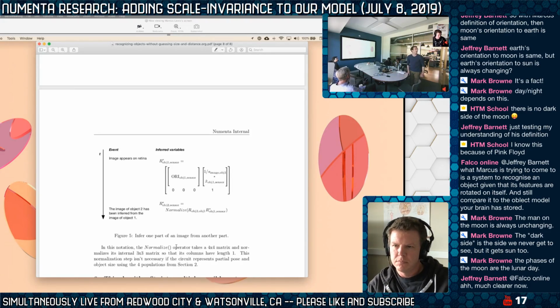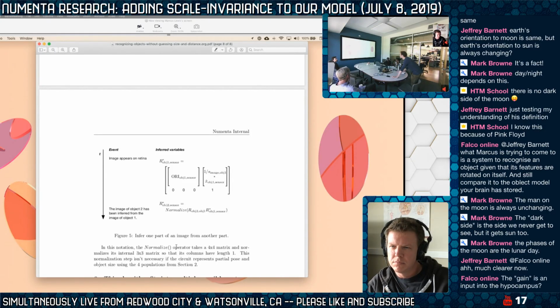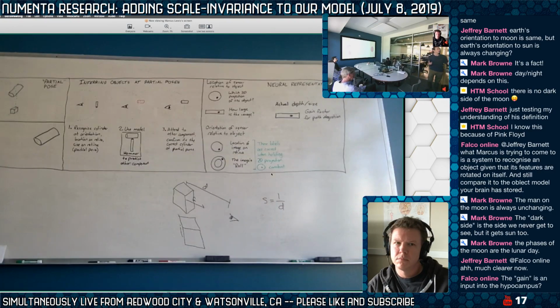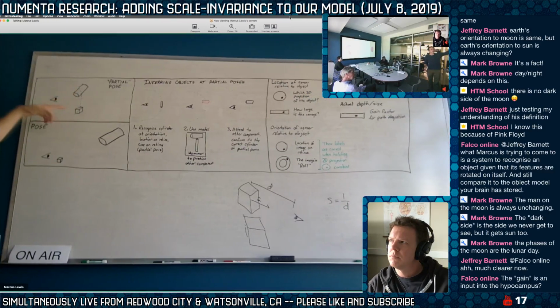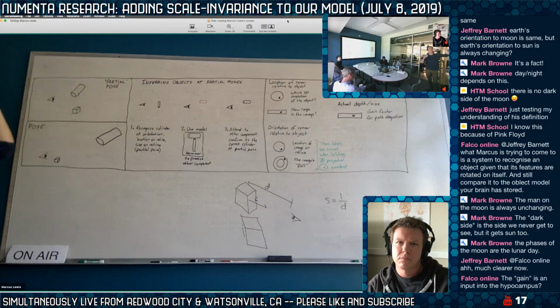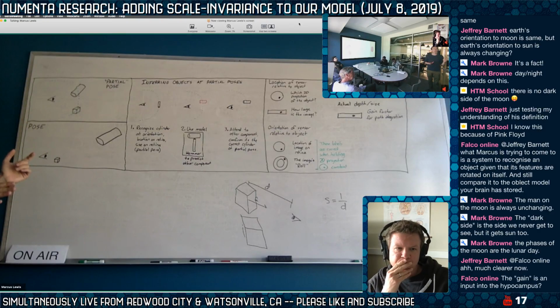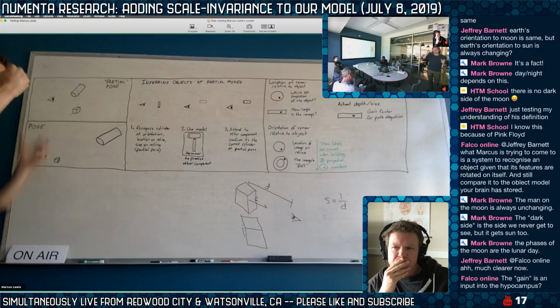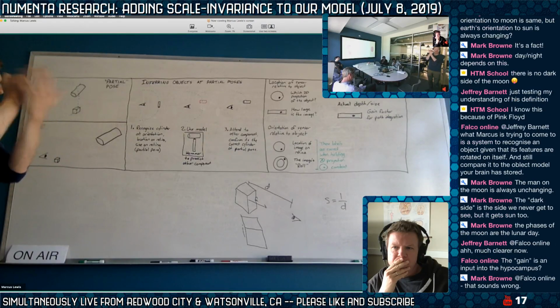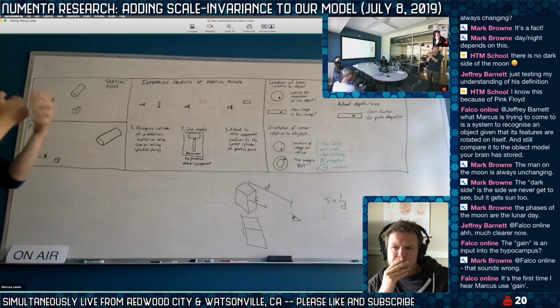Now I'll interlude here to make a little bit of a case that a lot of our object recognition system, I think, happens in this kind of space, which I'm calling partial pose. I'm calling it the direction. To pause for a second: the location on your retina of the image, the size on your retina of the image, and what the image is, or rather the orientation of what you're seeing.